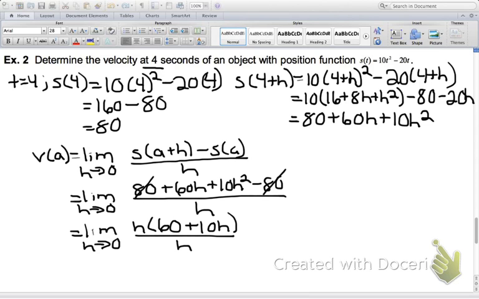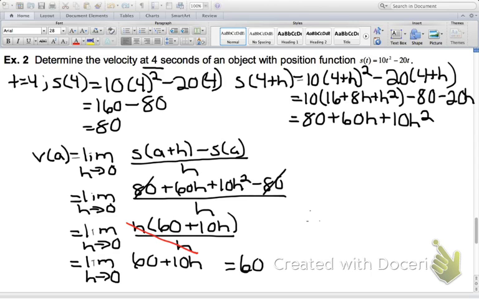So again, these h's will cancel out, and then we will be left with our limit as h approaches 0 of 60 + 10h. So when we sub in that 0 there, we're going to just be left with 60.